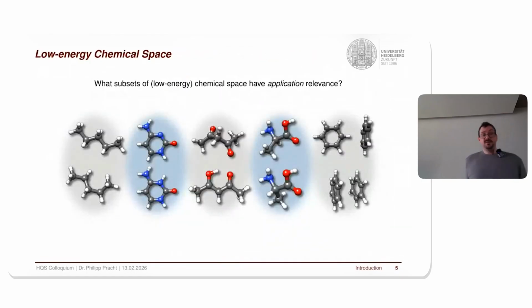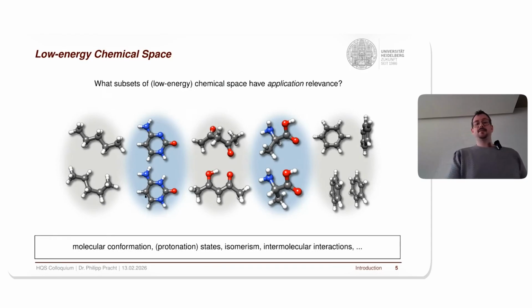Right. What other parts of the chemical space are important? So what I just showed you is the first thing here. So same connectivity of the molecule, different spatial orientation. This is called a conformation. You also have different states of the molecule. Because I can't plot it here, I show a protonation state, but this is also representative of different electronic states.